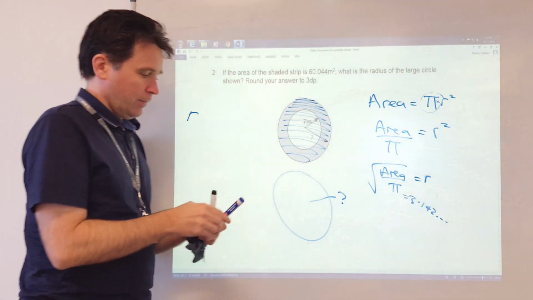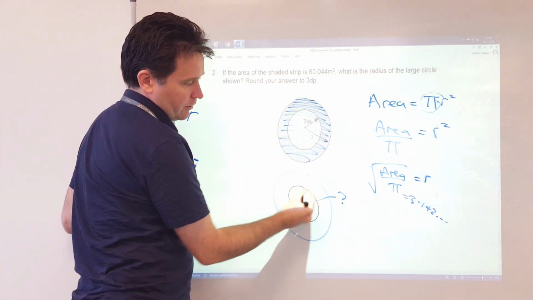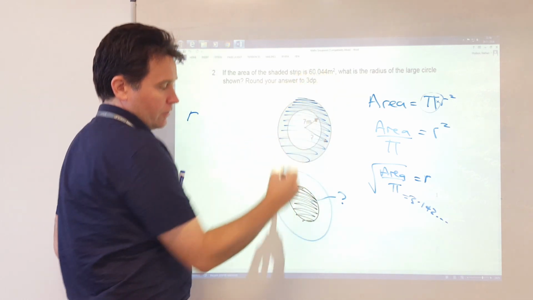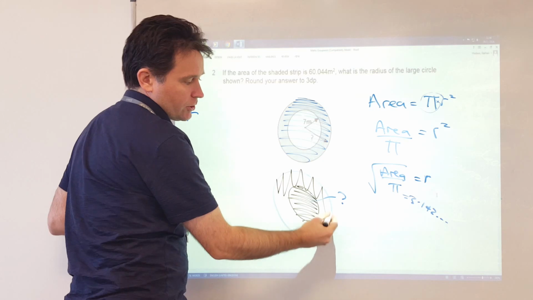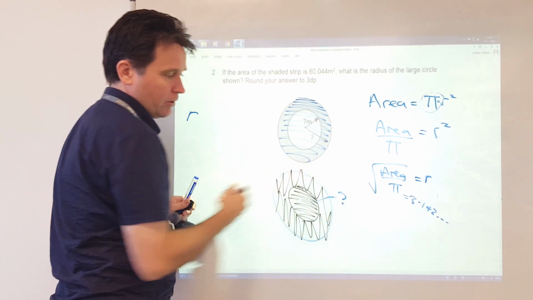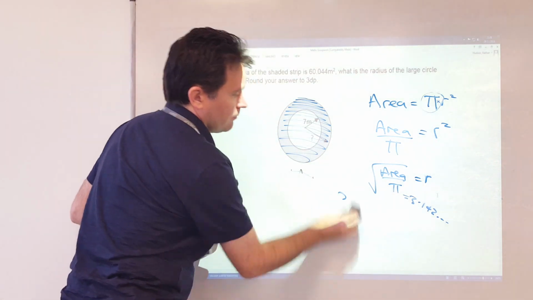Well, if we know the area of the circle inside, and then we add on the area of the strip around the edge, that must be the area of all of it. So, let's do that.